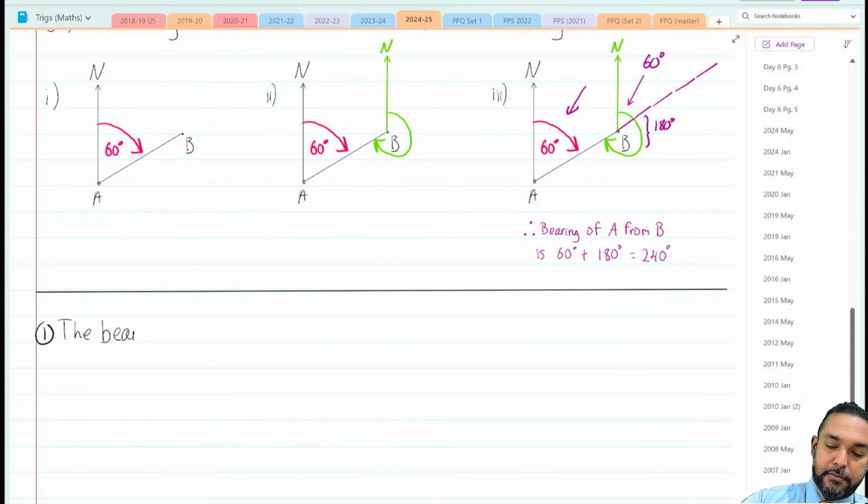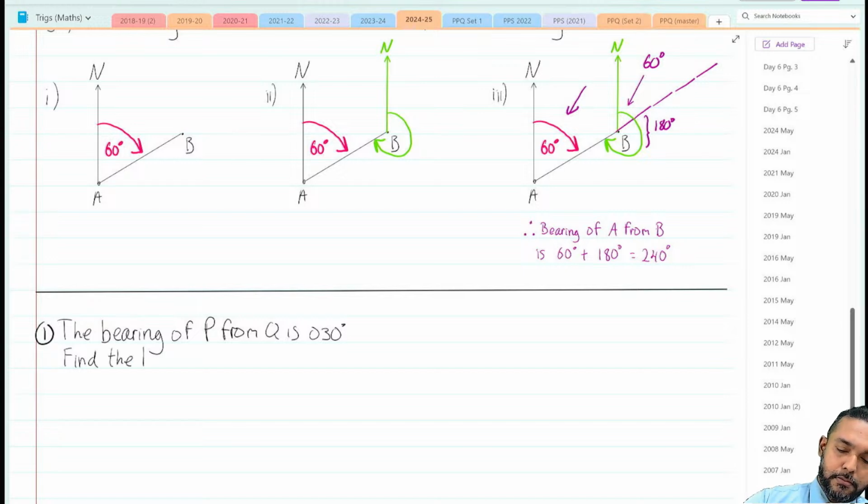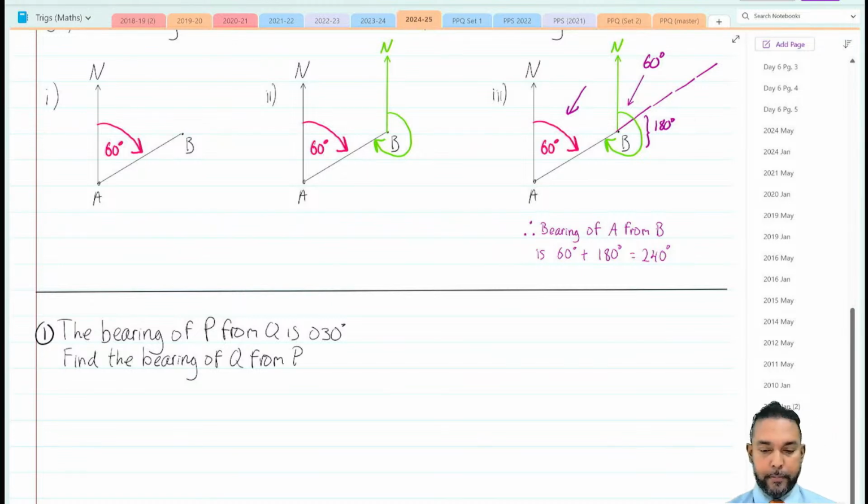The bearing of P from Q is 030 degrees. Find the bearing of Q from P. And I'll give you a second one, so you have 2 of them to do for me.